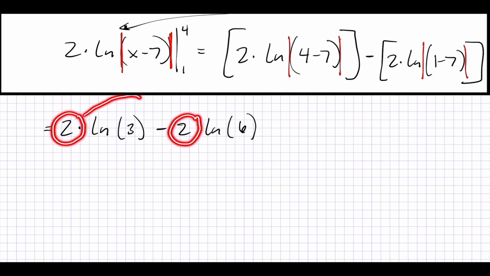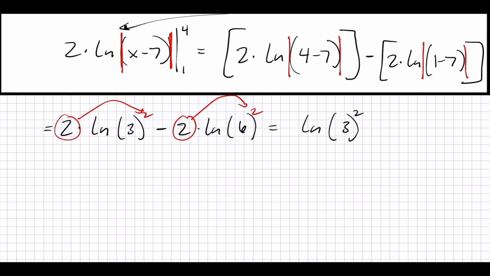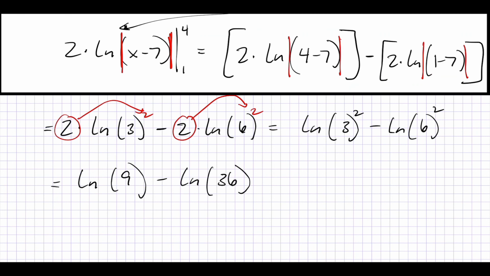Those 2's are going to become the powers. So when I rewrite it, I have the natural log of 3 squared minus the natural log of 6 squared. That gets rid of the 2's. So that's going to make the natural log of 9 minus the natural log of 36.